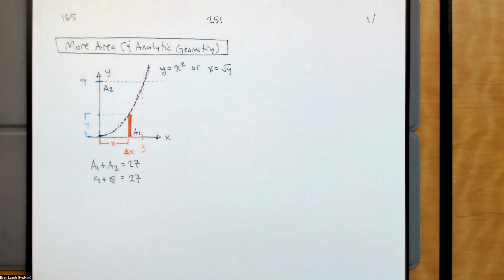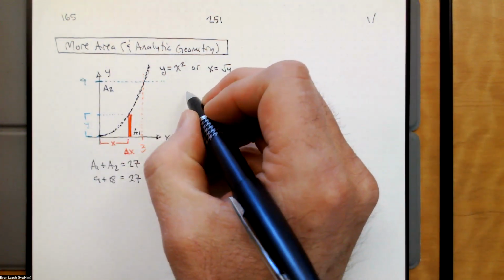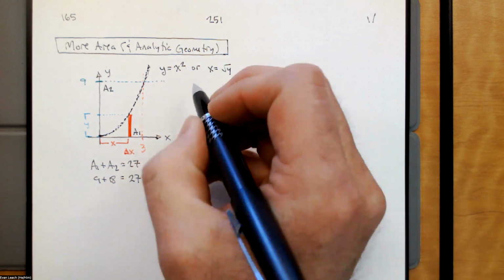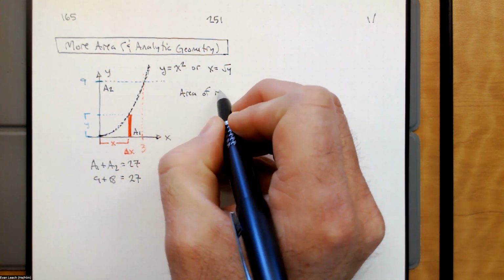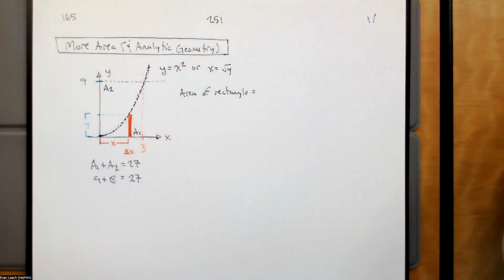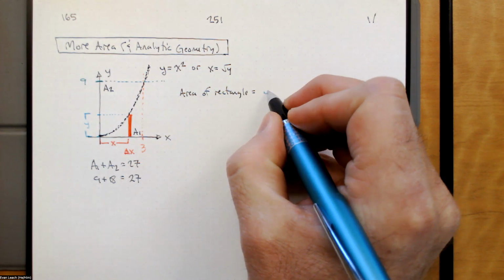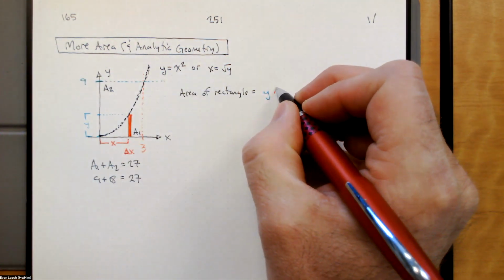So for that delta x, if I want the area of that rectangle, I'm going to use y times delta x. I'm thinking the area of this rectangle. The height is y, and the width is delta x.